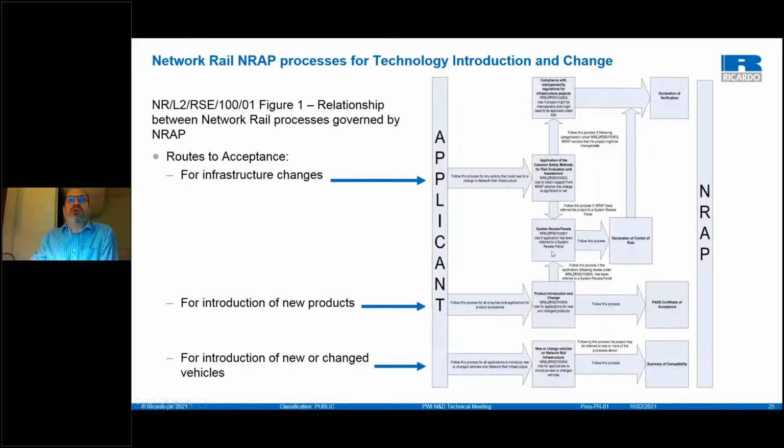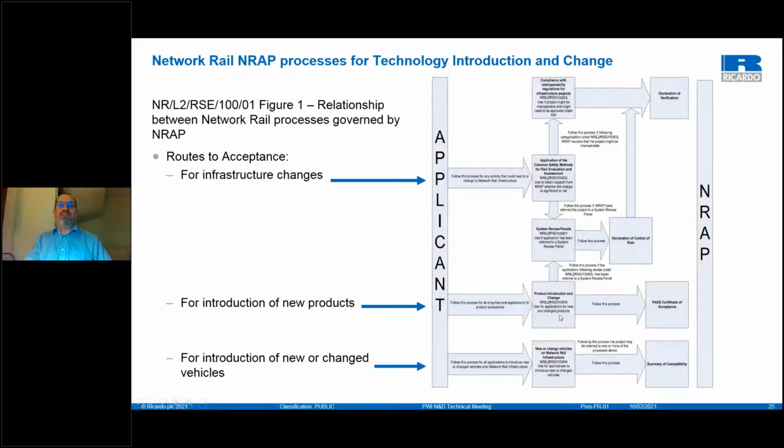And for non-interoperable changes, NRAP may delegate the decision-making process, the approval process, to a system review panel. Sponsor will, following the output of a system review panel, accept the implications of the change in safety profile through production and declaration of control at risk.